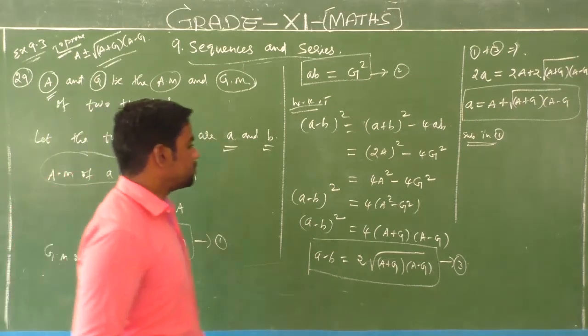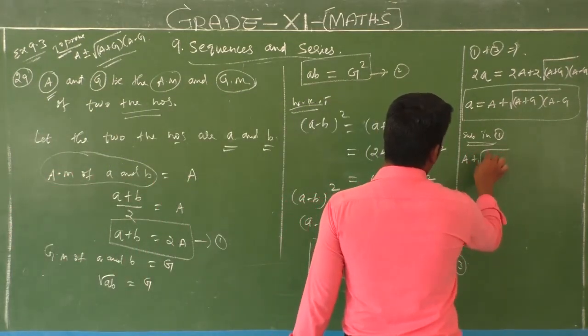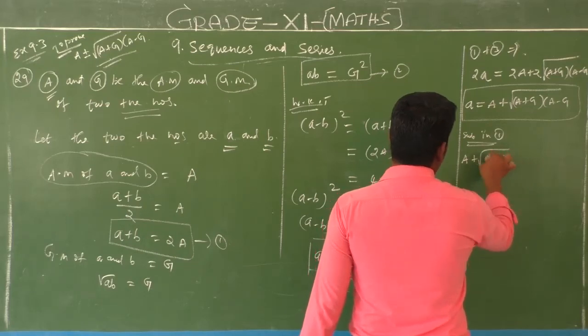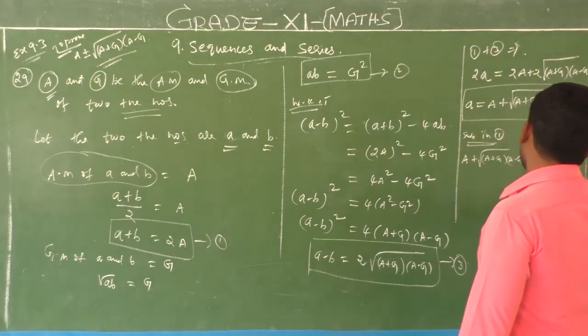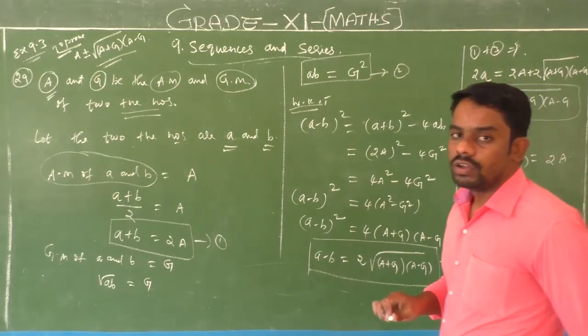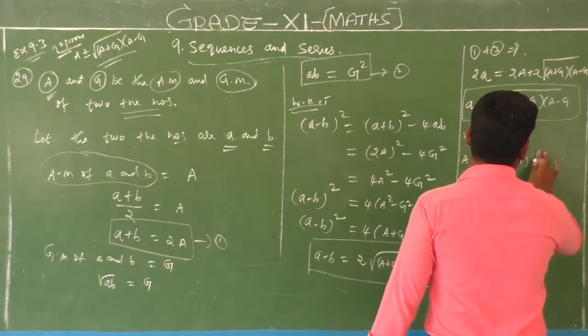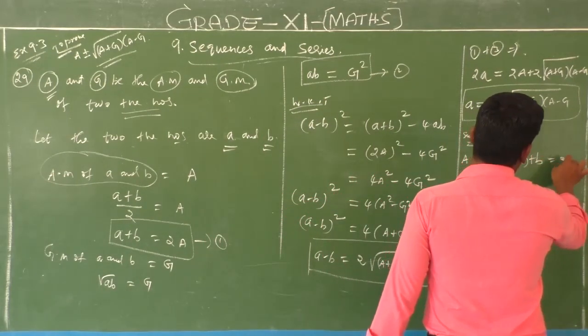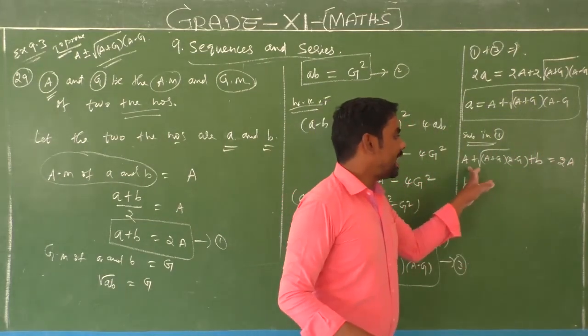So a plus b, with a being A plus root of (A plus G)(A minus G), plus b is equal to 2A. Then the value of b is equal to A minus root of (A plus G)(A minus G).